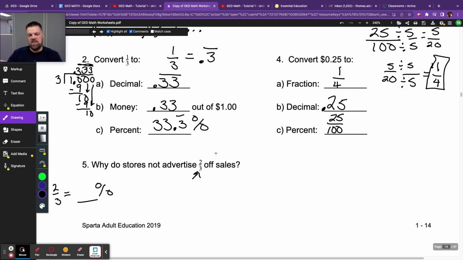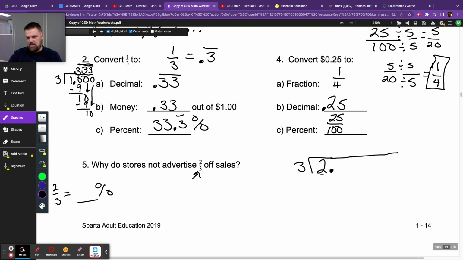Well, to do that, we need to convert it to a decimal. So to convert it to a decimal, I'm going to say 2 divided by 3. But I'm going to draw this really big line. If I go too fast, say, well, slow down, you're going too fast. Okay? So now watch this.